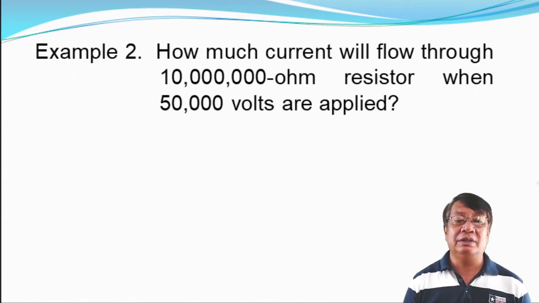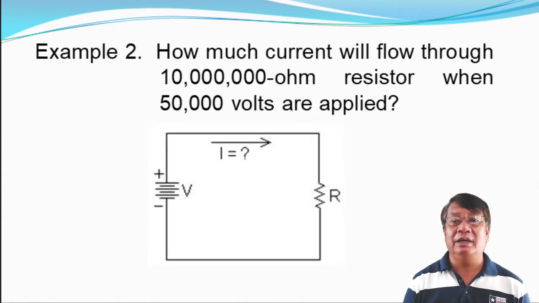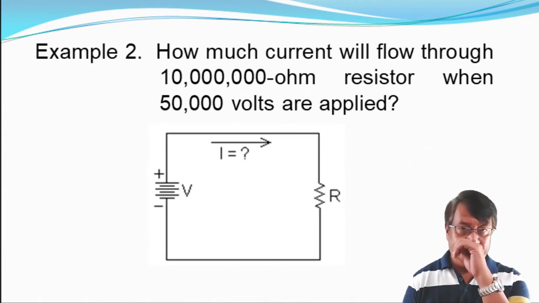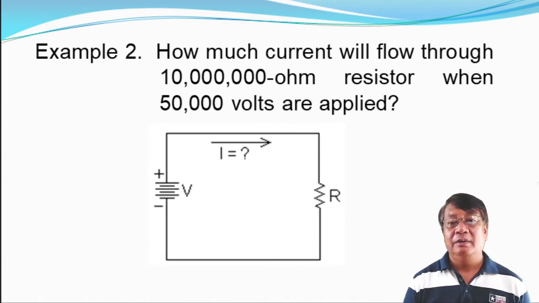How about example number 2? How much current will flow through a 10 million ohm resistor when 50,000 volts are applied? In the circuit diagram we have the voltage source, the current flowing in the circuit, and the resistance.